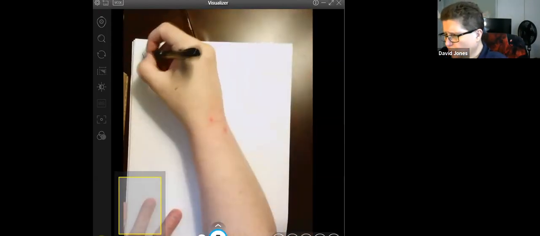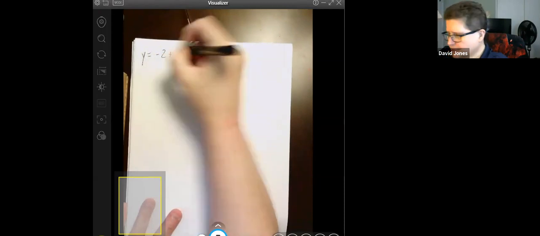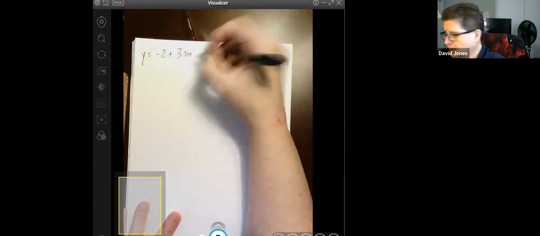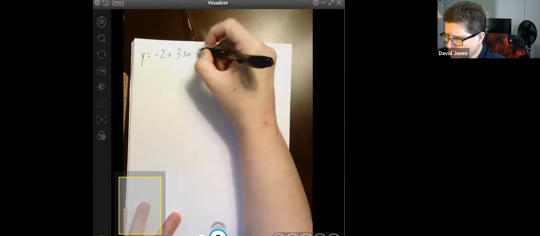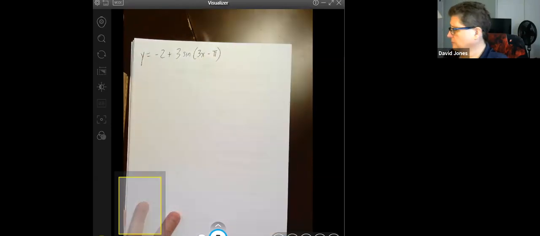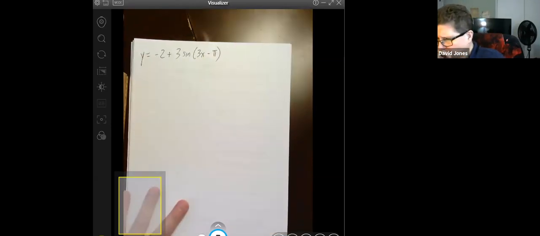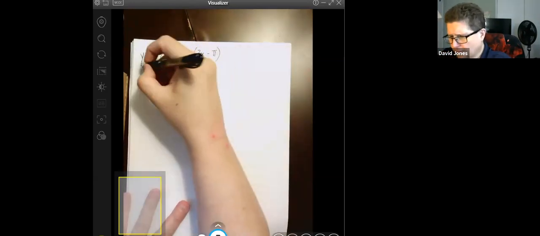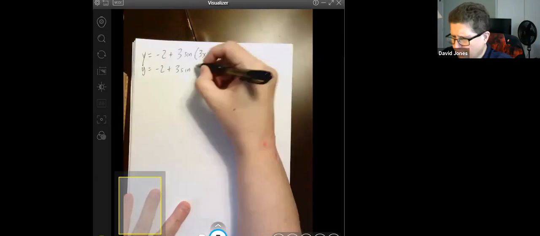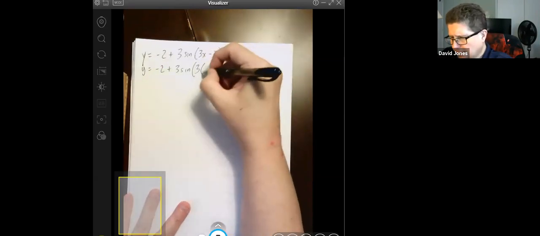Let's take a look at y equals -2 plus 3 sine of 3x minus pi. Let's rewrite it in the correct form. We need to factor out that 3 right there.